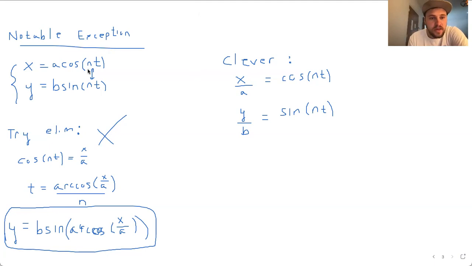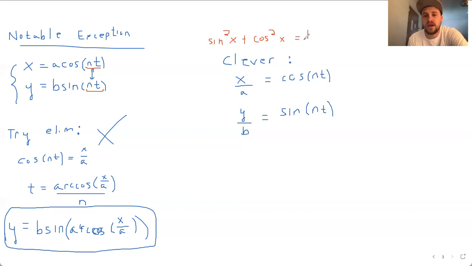Remember, if these entries are the same for sine and cosine, we have the relation that sine squared of x, and for us, x is like nt, plus cosine squared of x is 1.